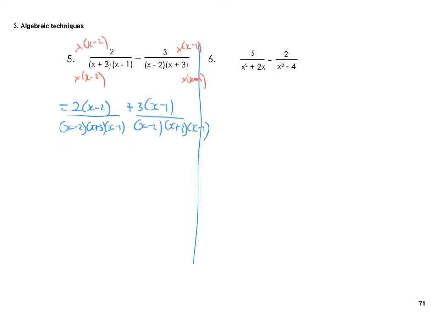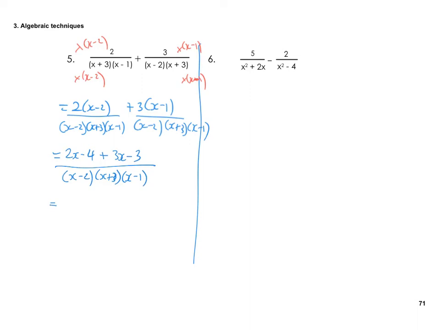And whatever's not in each one, you multiply by that, but the top and the bottom by that same thing. Now let's keep going. So we're going to get 2x minus 4 plus 3x minus 3 all over (x minus 2)(x plus 3)(x minus 1).